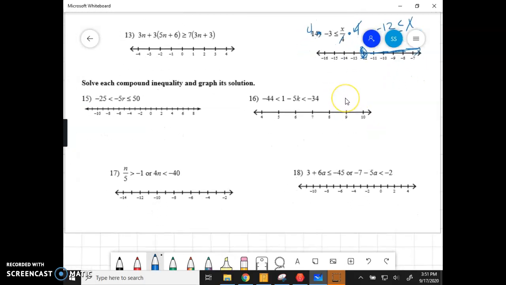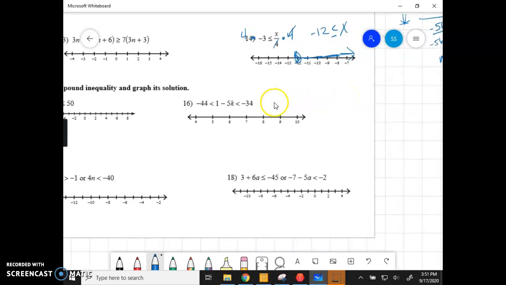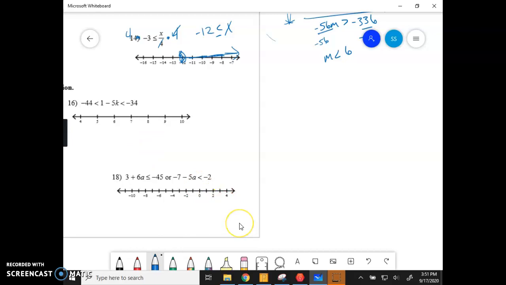Let's do one of each of these types of problems. Let's do 16 and 18. So 16, we just have k. It's either going to be an in-between or an either-or type of situation.